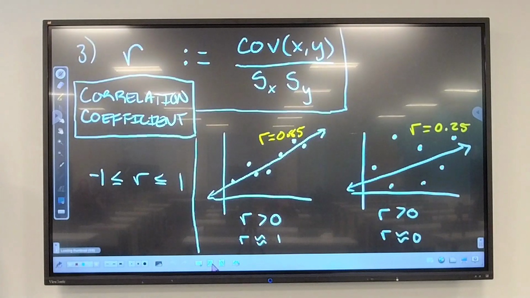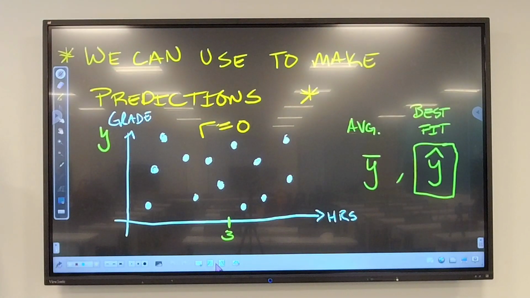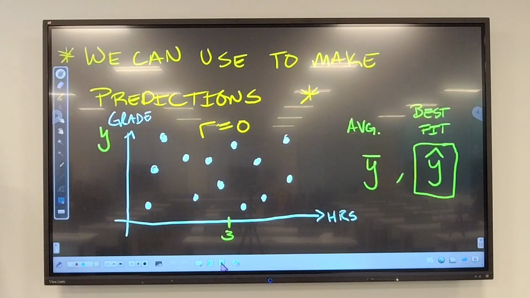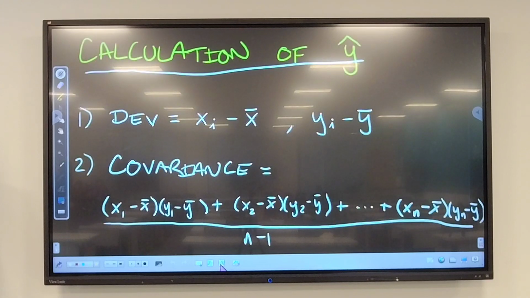Okay, so we saw the definition of this silly line. We know what it means. It needs to be close to all the data points, and this is how we're measuring close. We're going to use it to make predictions, but it isn't necessarily the best one.